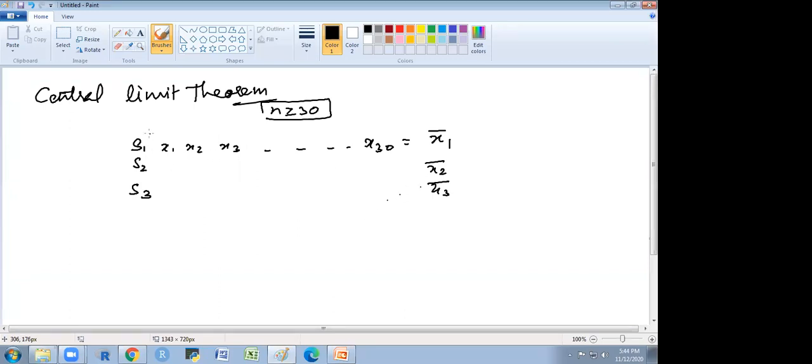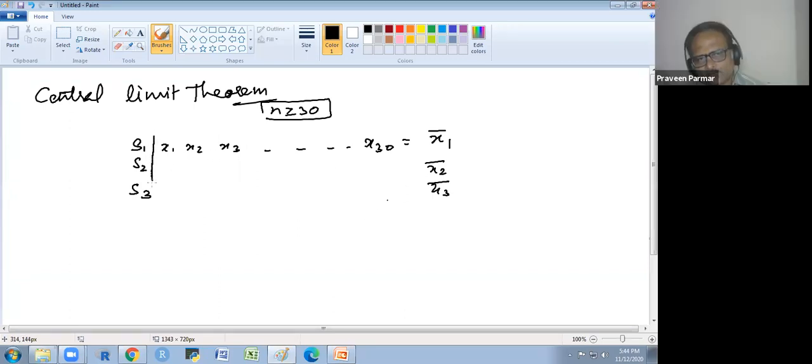Yes, sir. This distribution may be any sort of distribution. It is not compulsory that it should be a Gaussian distribution. It may be from any sort of distribution. If I represent it symbolically, whatever X values we have, they are not compulsorily from a Gaussian distribution.